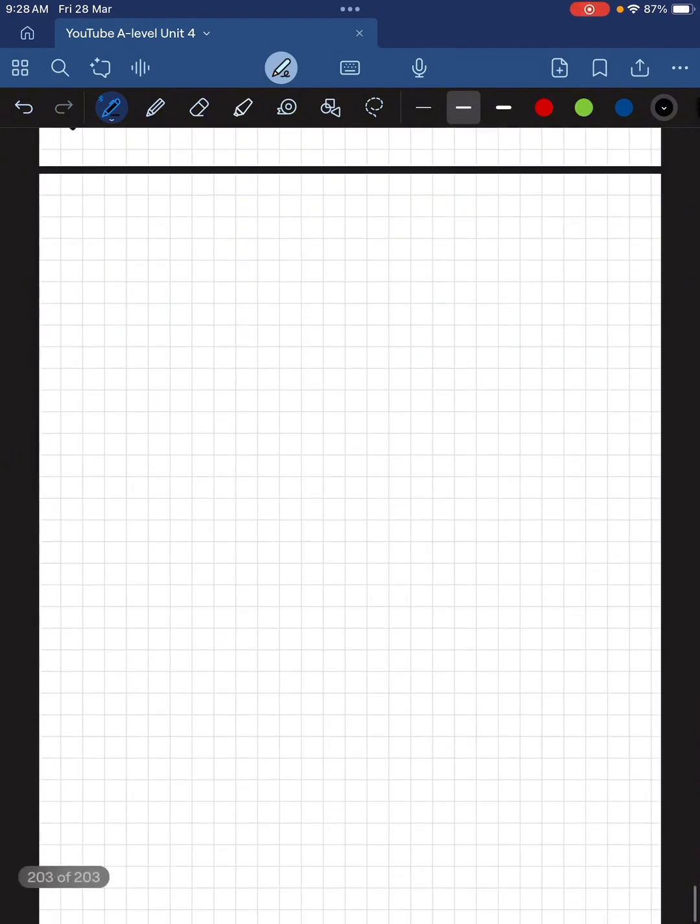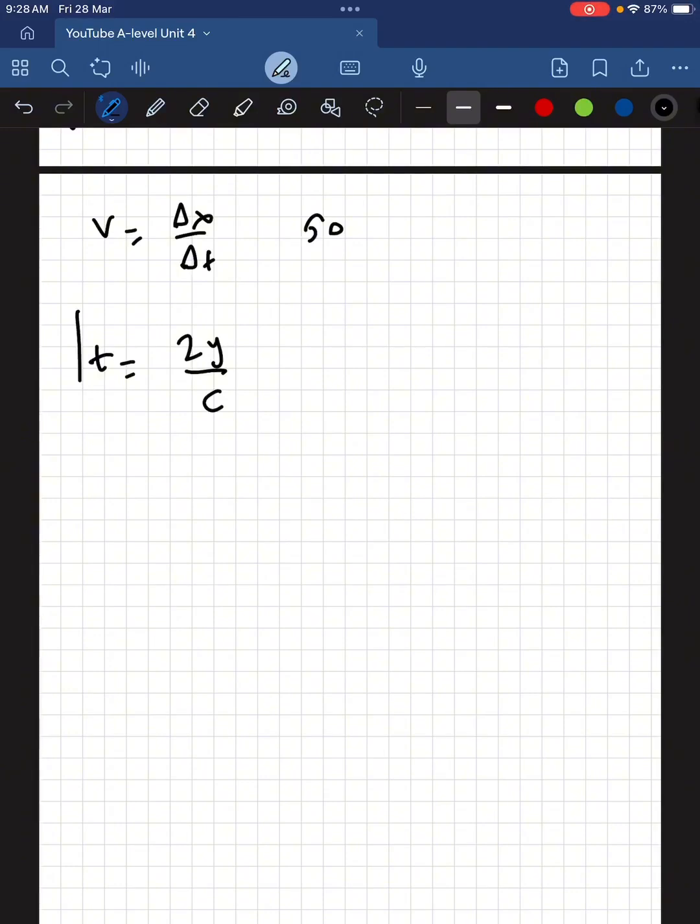Okay, so remember that v is delta x over delta t, right? So in this case, t for the pulse to go back and forth is 2y, which is the distance the pulse covered over its speed. This is a laser speed, it's light, so speed is equal to c, the speed of light. Okay, so this is our first result.